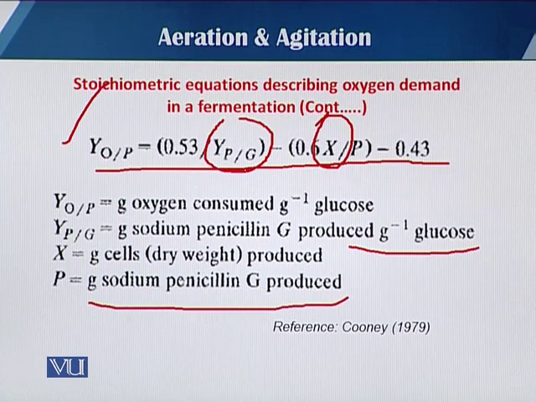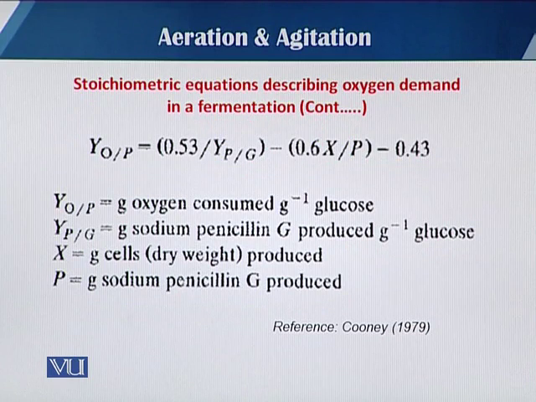So you can see in this equation the relationship of the oxygen consumed, the penicillin G produced and the cell mass produced during the fermentation process.